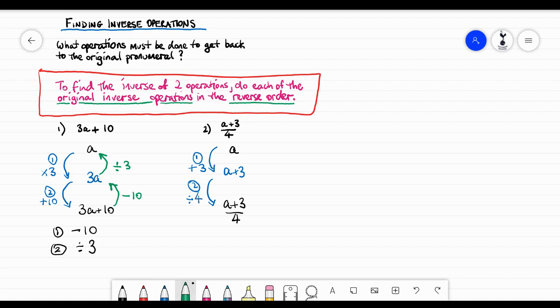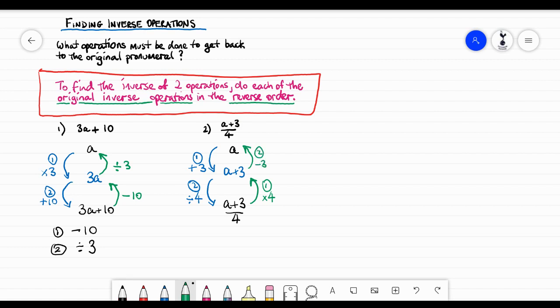So the opposite steps, the inverse steps in the reverse order are, firstly, the inverse of dividing by 4 is multiplying by 4. And the second step is the inverse of adding 3, which is subtracting 3.